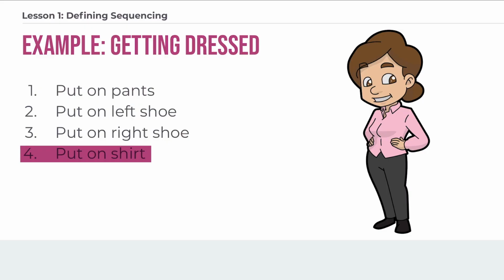And then step 4, put on a shirt. You can see that the list of instructions is set up to be completed in that particular order. And anytime you're using sequencing, you have to explicitly state in which order you want the computer to follow the instructions. The computer is going to follow the order of instructions that we call for. And this is how we decided to do it in this particular moment.